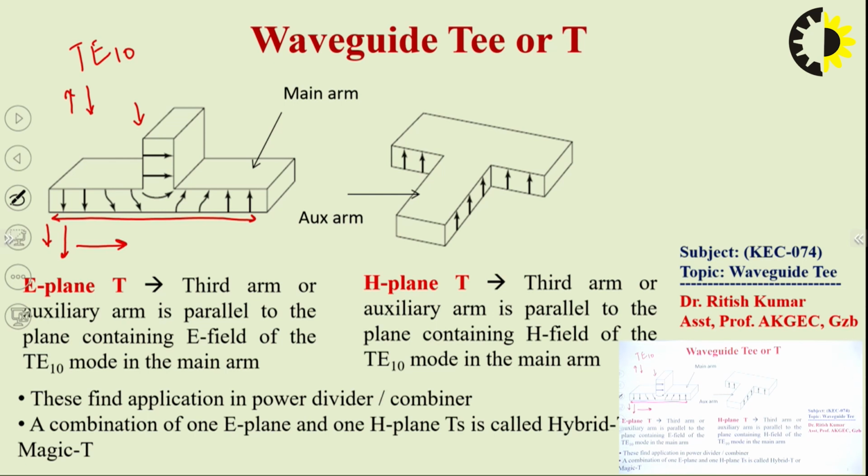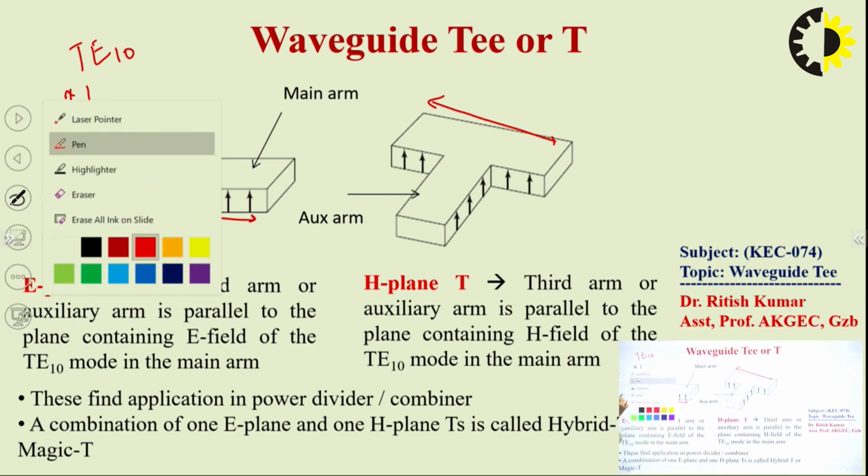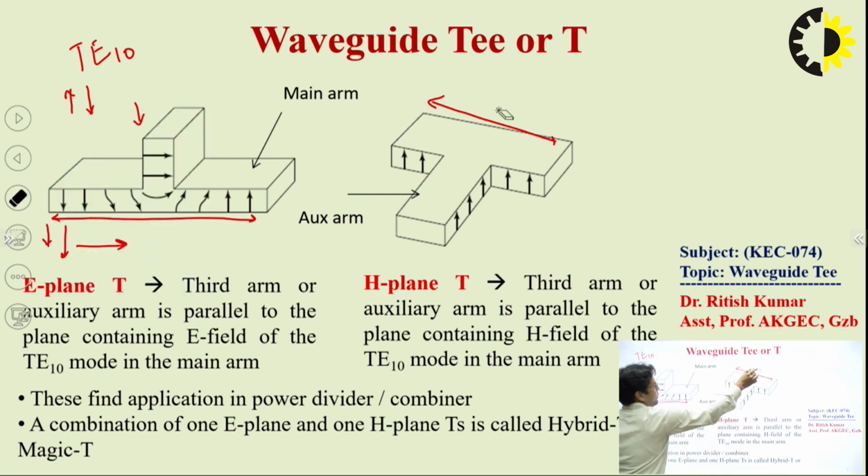Whatever we have observed in the case of the E-plane tee, we have the complement in the case of the H-plane tee. Similarly, this one is the main arm and this one is the auxiliary arm.